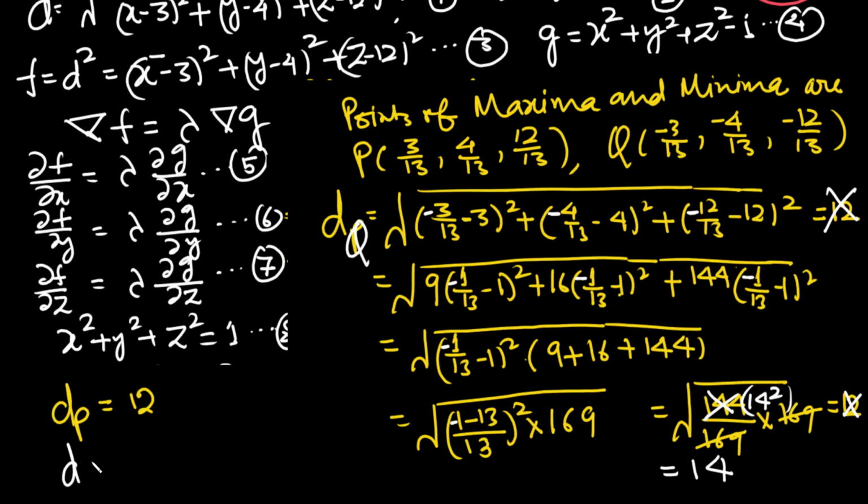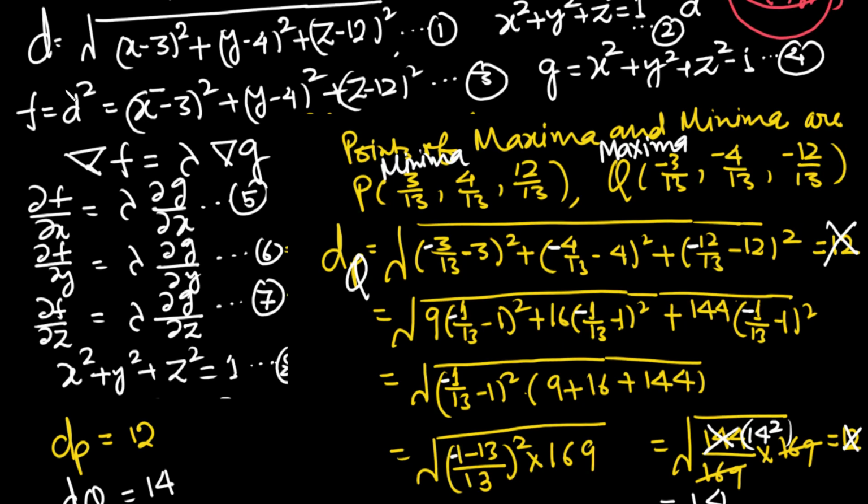Since 14 is greater than 12, at point Q the distance is maximum. So this is the point of maxima, and point P is the point of minima of the function D.